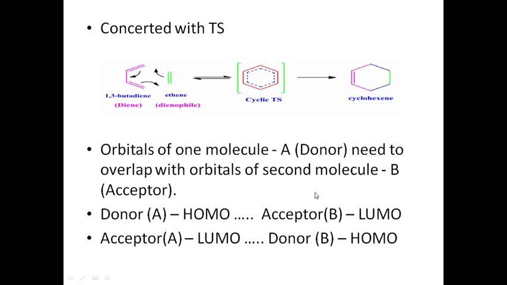It cannot be a HOMO-HOMO combination. It has to be one HOMO combining with another LUMO. So if the donor A reacts using HOMO, the acceptor has to react using LUMO. If the acceptor has LUMO, then the donor should be HOMO. This is in the case of A and B.